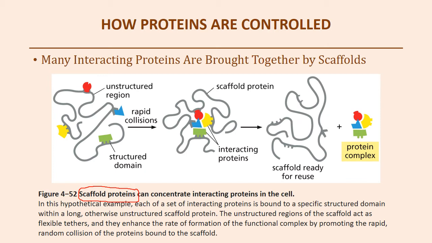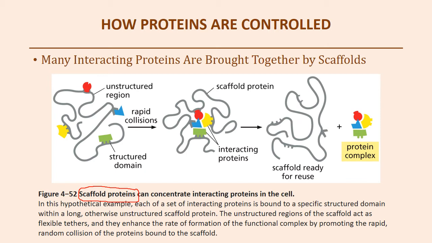Scaffold proteins roam around the cytoplasm, and they can basically be described as very large molecules that contain multiple binding sites, which will allow them to interact with multiple proteins at the same time. And oftentimes what a scaffolding protein will do is it will collect sets of interacting proteins.